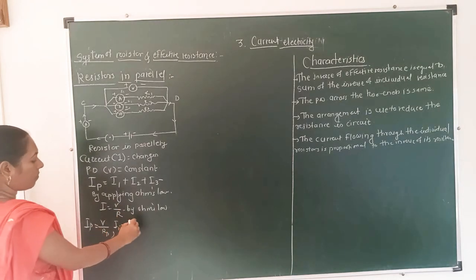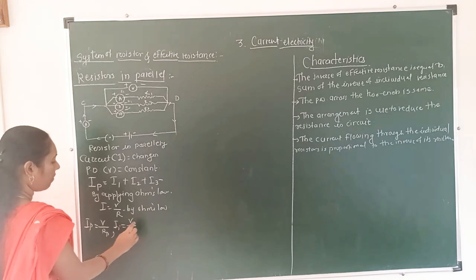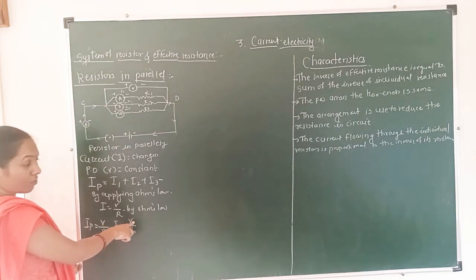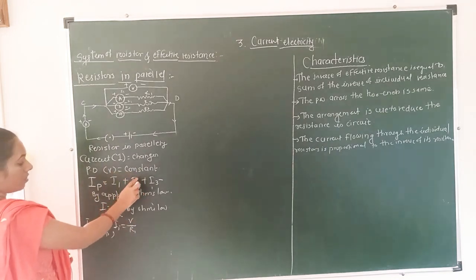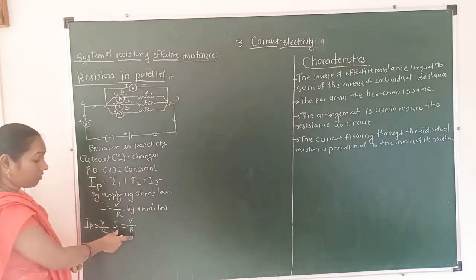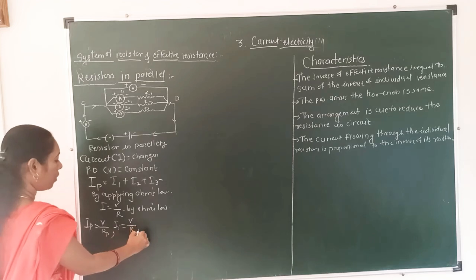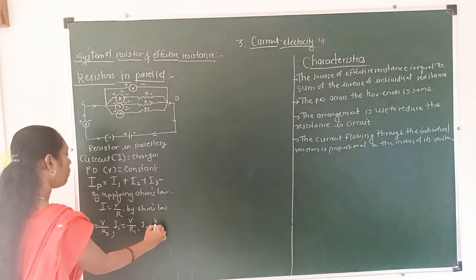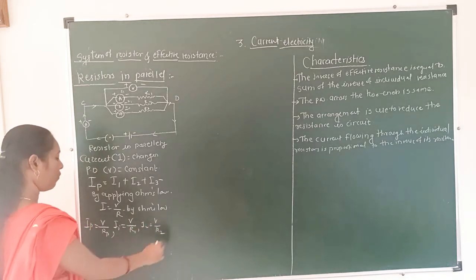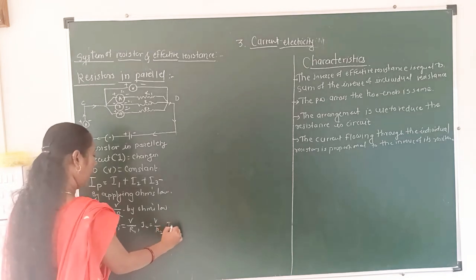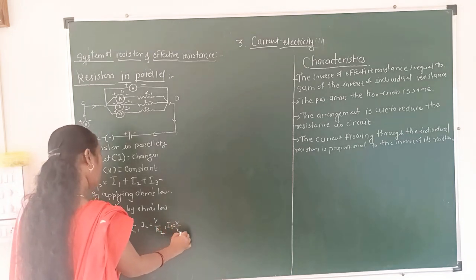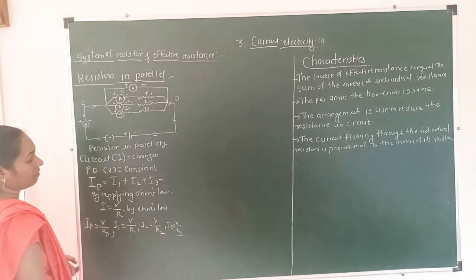I1 is equal to V upon R1. Okay, V remains constant, potential difference is a constant, only the current is variable. What about I2? I2 is equal to V upon R2. And what about I3? V upon R3. Okay, this is the equation.